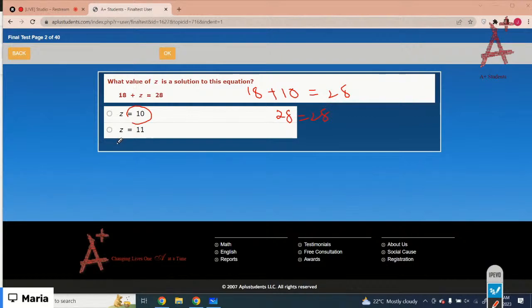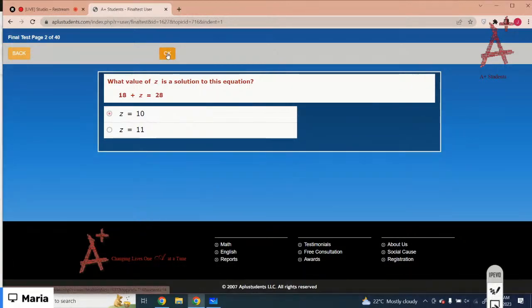That means the correct option is z equals 10. Very good. Just select the correct option and click on the OK button.